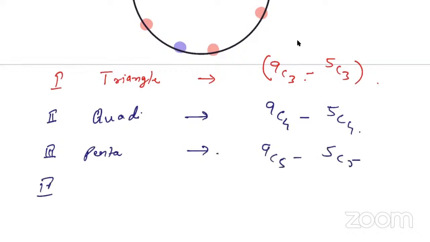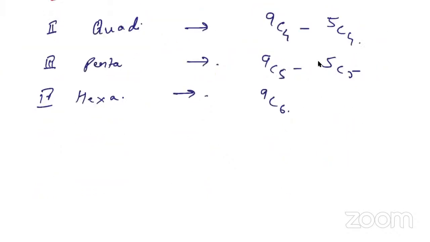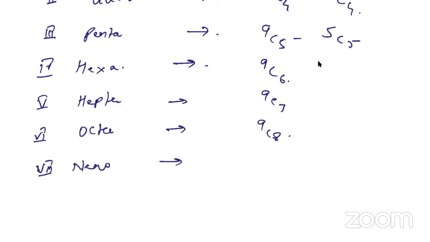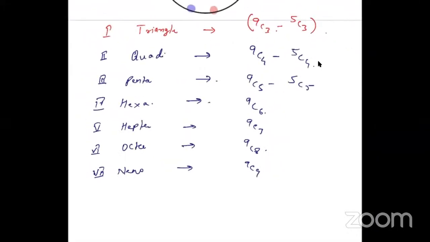After this, for hexagon, because only 5 red points are given, 9C6, 100% every time we will select at least one blue point. Heptagon will be 9C7, octagon 9C8, and nonagon 9C9. If we add all these, you get your answer for any circular arrangement.